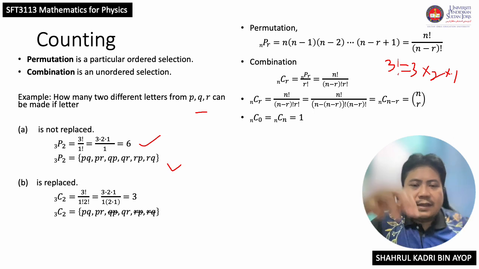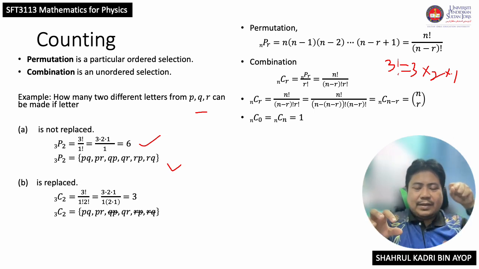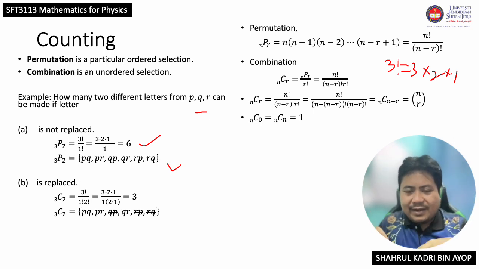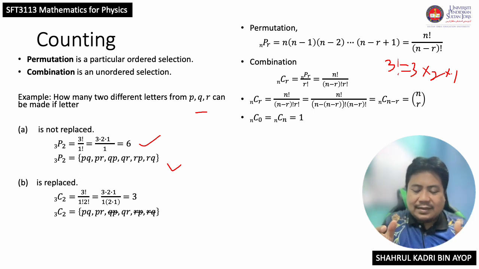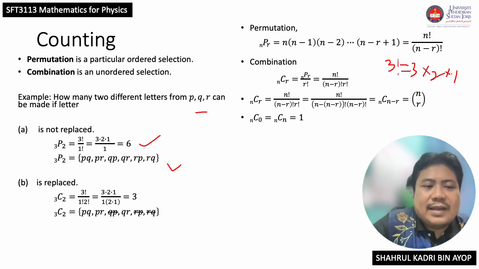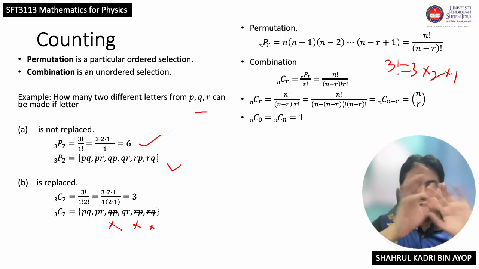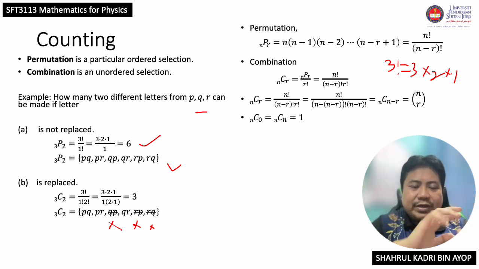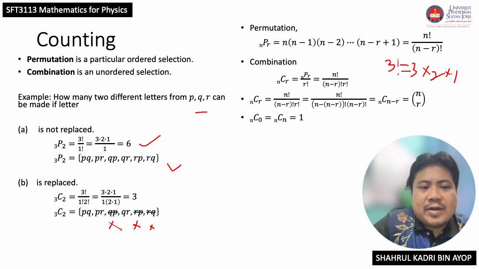But if you take one and then put it back, the set remains 3 all the time, which means you replace it. You have to calculate in a different way. Here some of these are not counted anymore, because they are just repetitions, since we don't care about the order.